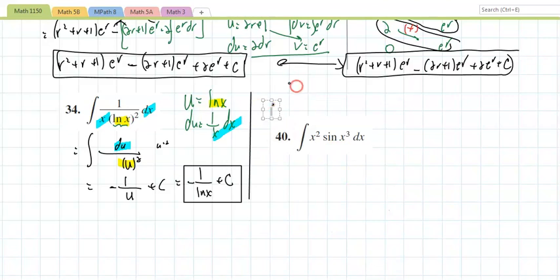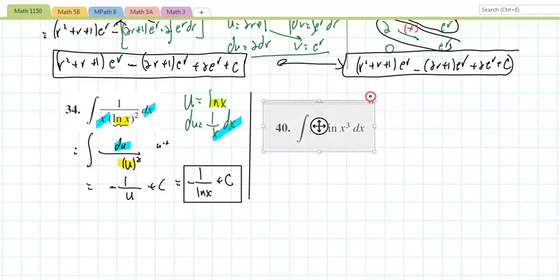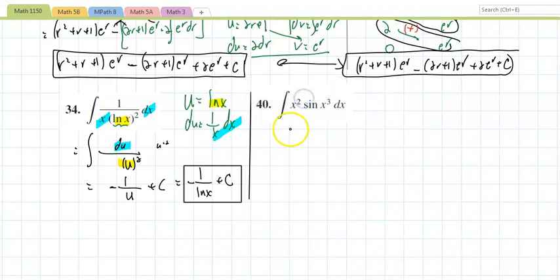Now, let me do another problem really quick. Here's a problem. Normally, I look at this, say, wait a minute. If I let u equal the angle, right? du will be 3x squared dx. So I'm glancing at this, saying, you know what? I don't need integration by parts. If I let this be u, that's really the sine of u.